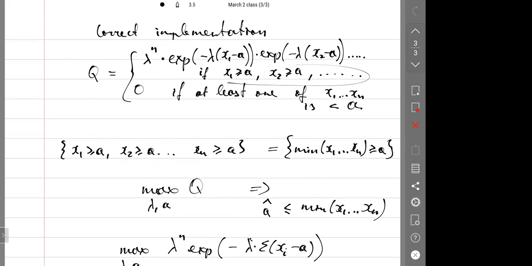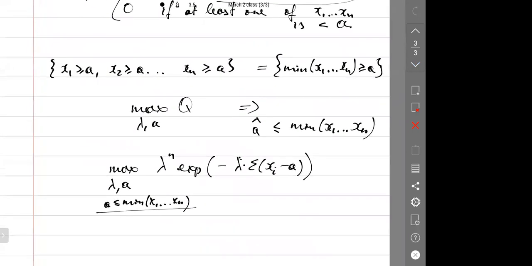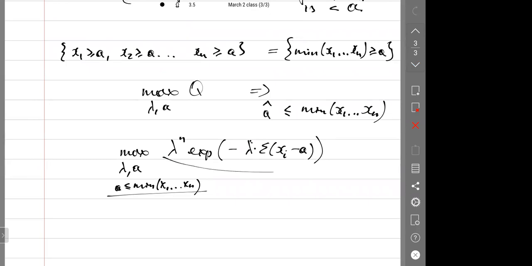So we cannot just take the derivative with respect to a and make it equal to 0, because we have an inequality problem. But now you are right that we can take logarithms.